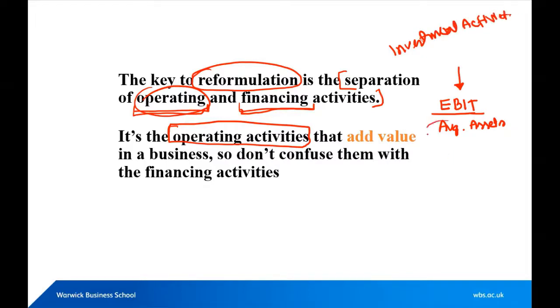So again, for average asset, you see the assets include some asset like account receivable, which is a kind of operating asset, and marketable securities, which is a kind of investment asset. Okay. Yeah, it is ROA.